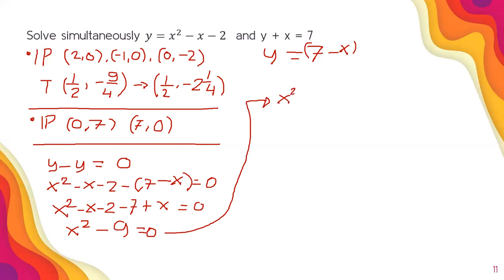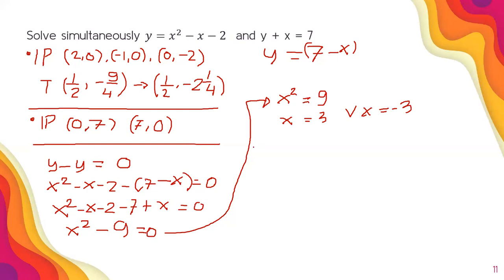X squared equal 9. So x equal 3 and negative 3. Right?